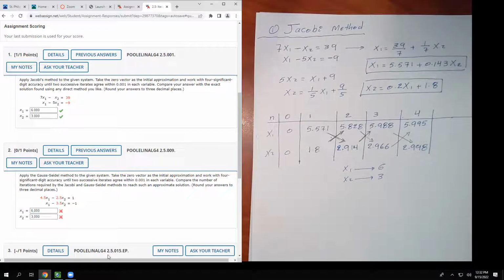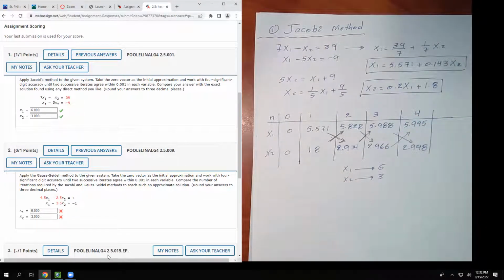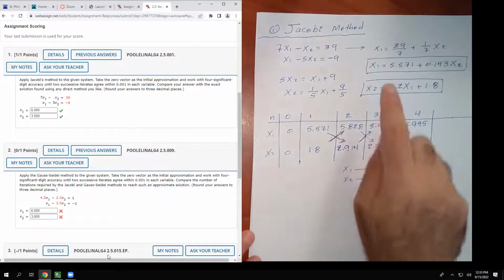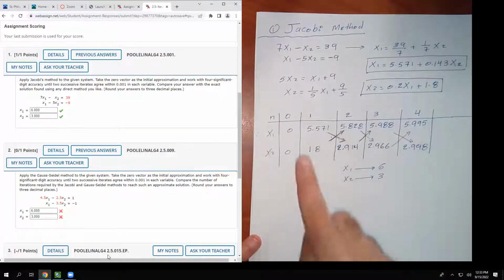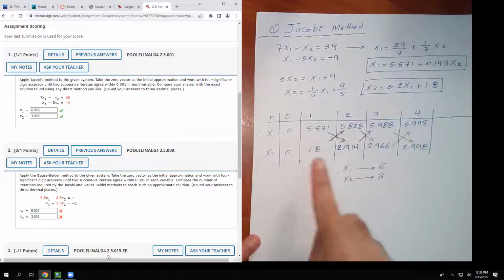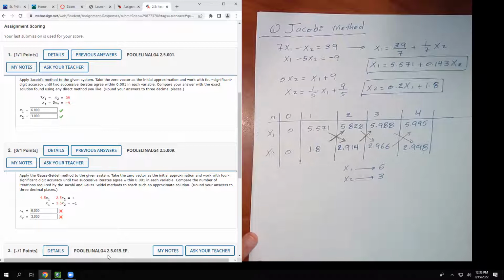This one is going to be easier when you're coding in MATLAB, because you're just going to use x1 and x2 in one loop to plug in and converge to the exact solution.